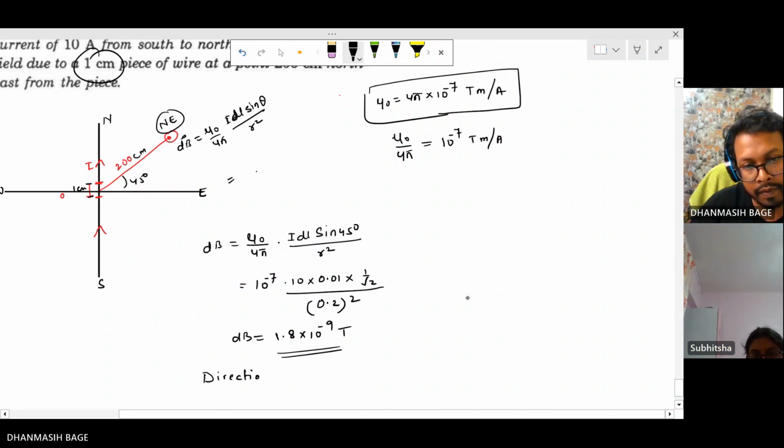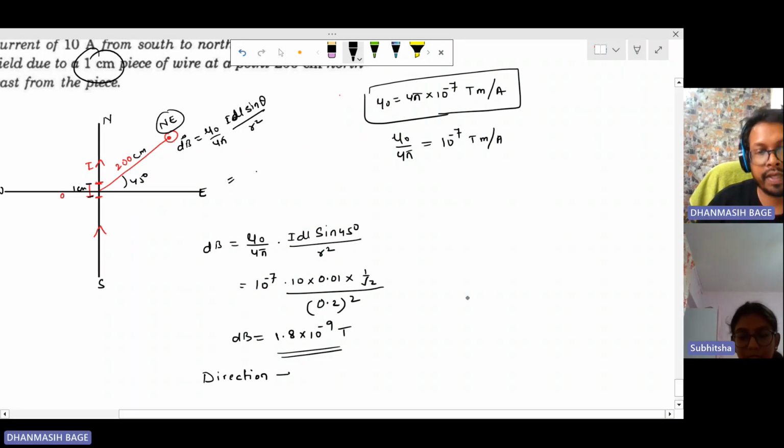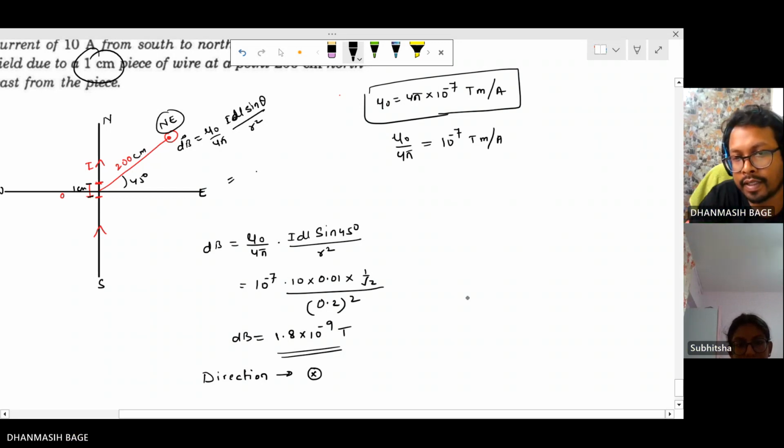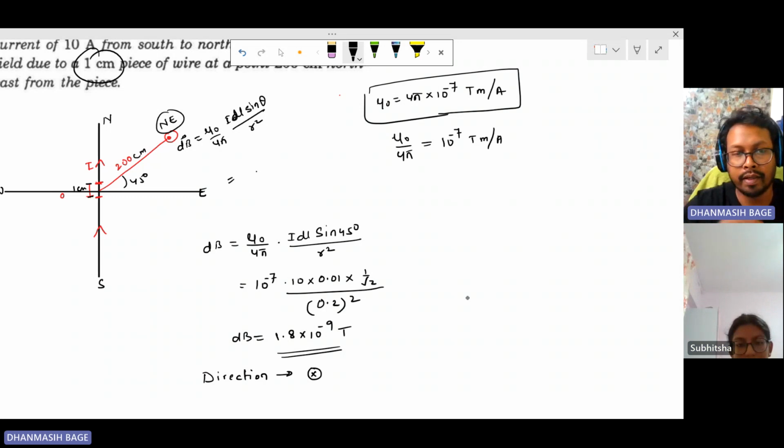Inwards. Inwards, right? I dl cross B. Yes, correct. So this is into the screen. That is what you have to do. Take one more question from the NCERT book.